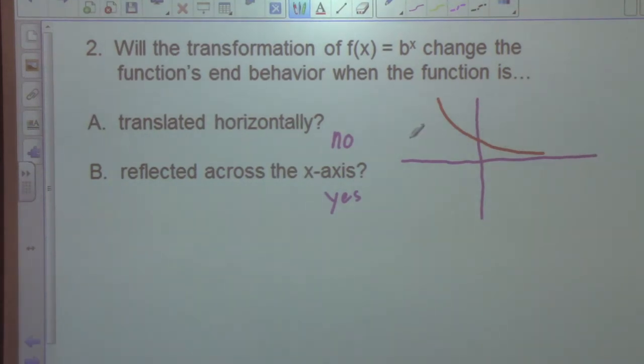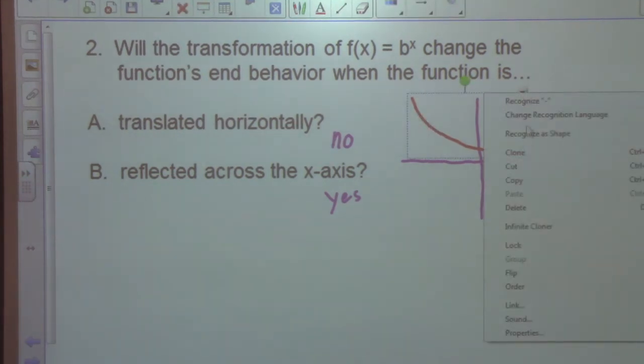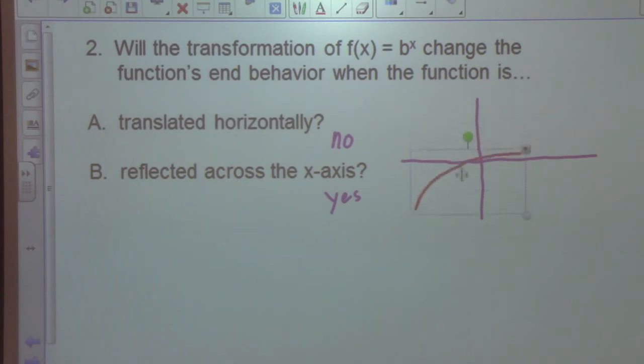As x approaches negative infinity, f of x approaches infinity. If you translate this horizontally, you see the end behavior is not changing at all. But if you reflect across the x-axis, is that going to change the end behavior? The end behavior at the right will not change, but look at the end behavior at the left. It will change. All right?